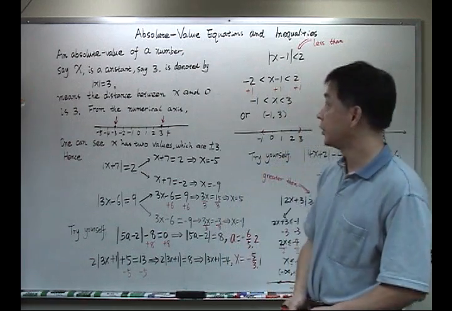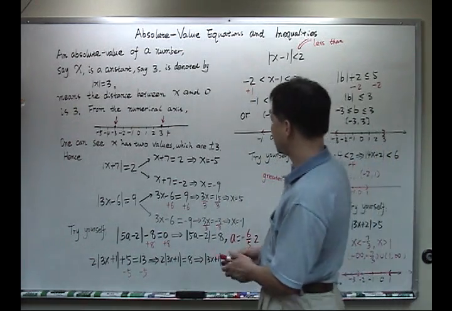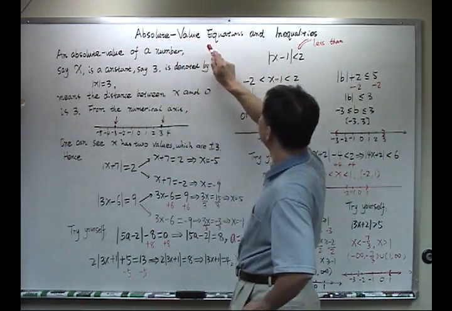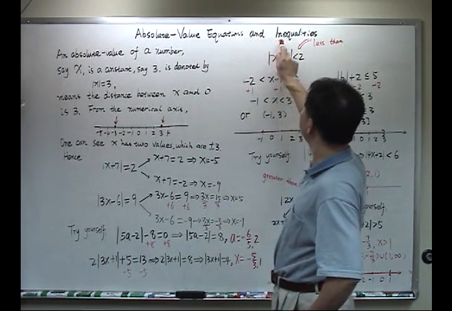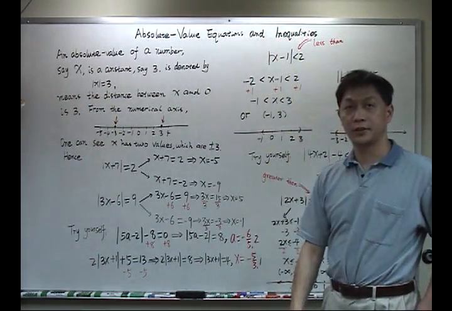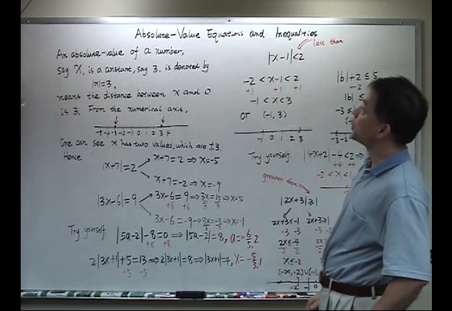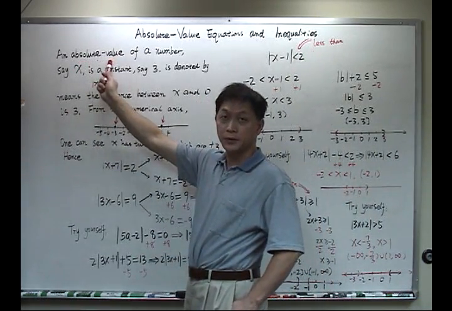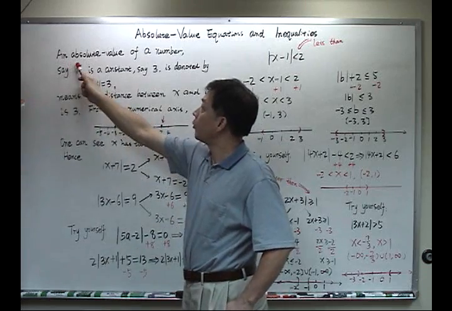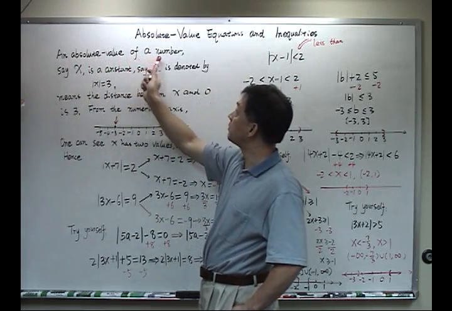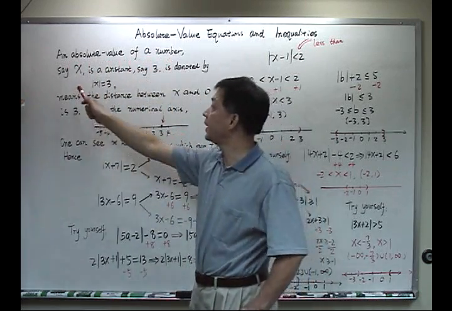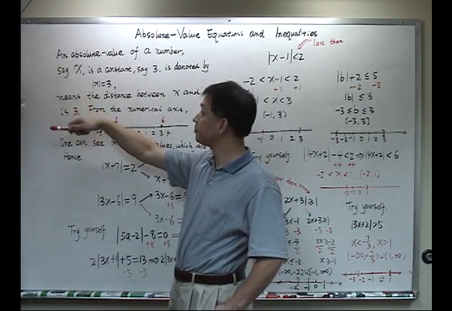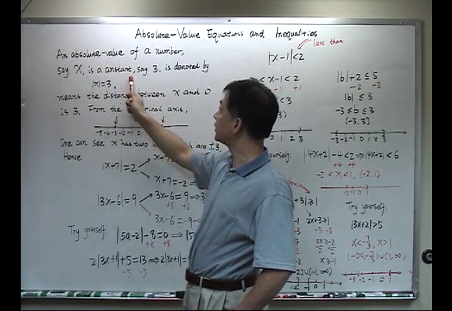Here we will talk about absolute value equations and inequalities. Let's recall the meaning of absolute value. The absolute value of a number, say this number is x, is a constant.